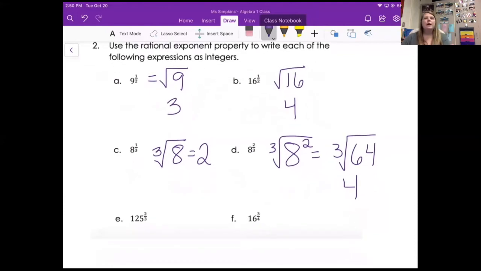This one you might want to use a calculator. 125 to the 2/3 power. So we want to write our 125 in our radical. We have a 3 outside that radical. And what exponent are we going to raise the 125 to? 2.